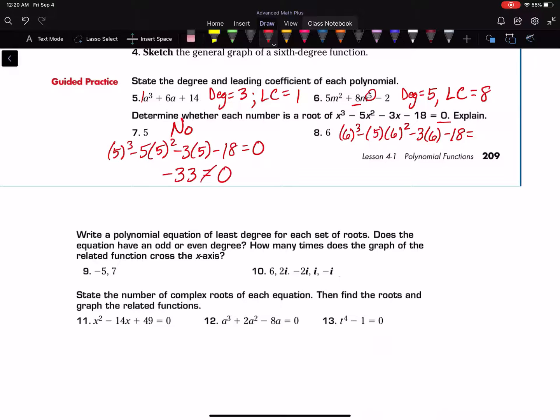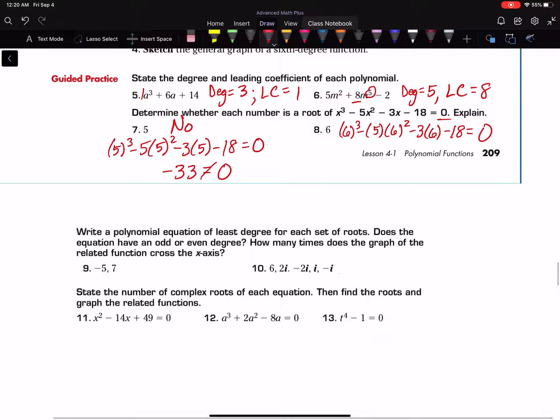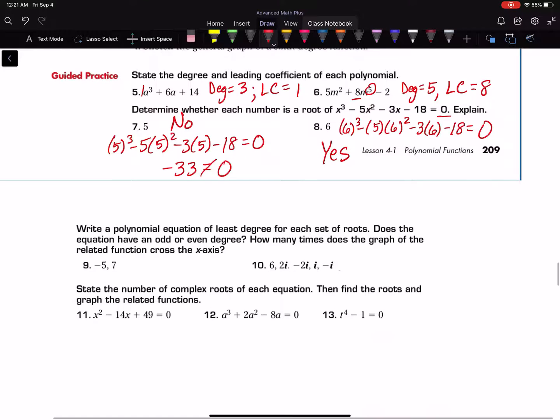Let's see here, 6 cubed minus 5 times 6 squared minus 3 times 6 minus 18, and we get 0. So the answer for this one is yes, it is a root. So if you plug it in and you get 0, it's a root or a 0. If you plug it in and you don't get 0, then it is not a root. Okay.